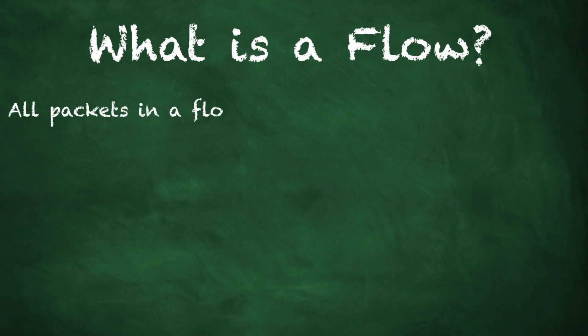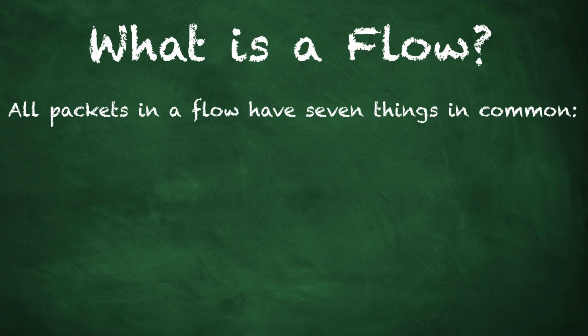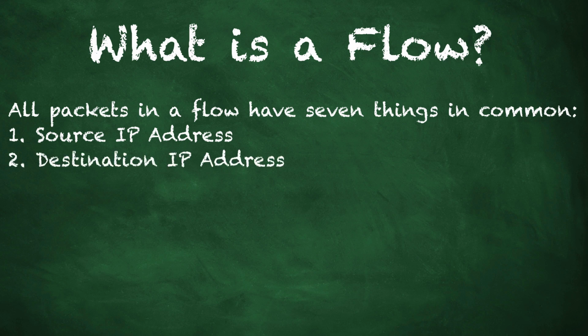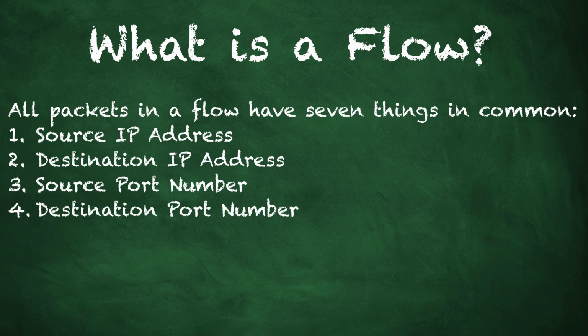Well, Cisco says that packets that make up a single flow have to have 7 things in common. All packets in a flow have to have the same source IP address. They have to have the same destination IP address. They also have to have the same source port number and the same destination port number.